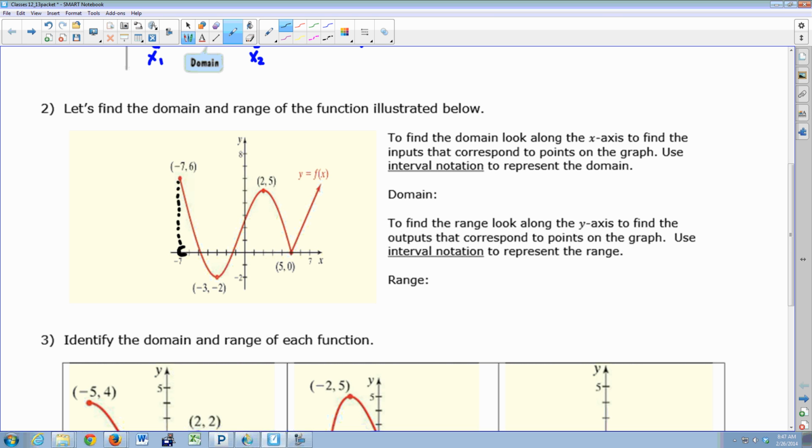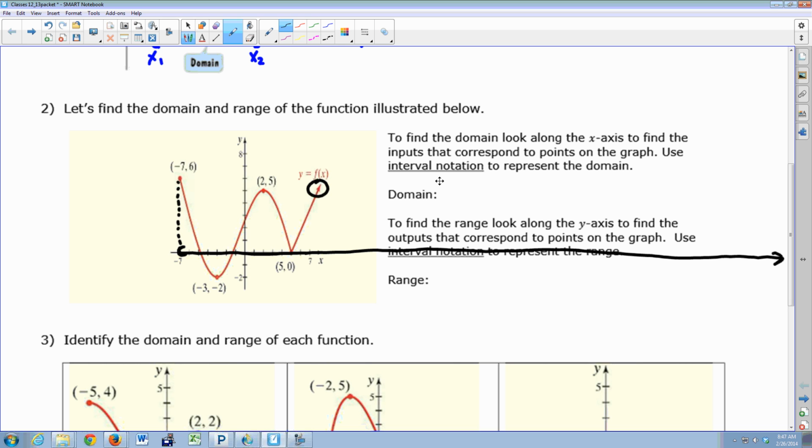Okay. And how far do I go? Do I stop at 7? I just keep going. How do I know I keep going? Yeah, see, I keep going forever and ever, right across because of this. So my domain is what values of x can I put into this red graph here?